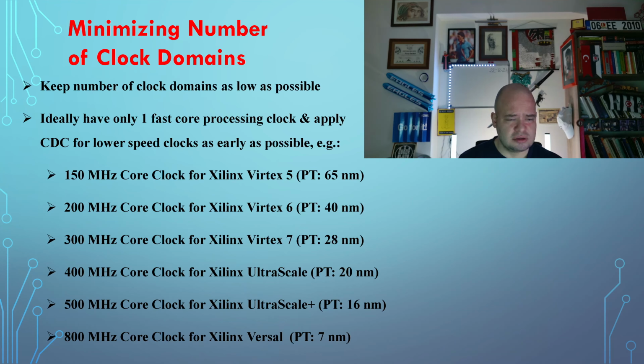So our target FPGA core clock speeds here are: for Virtex 5, 150 MHz; for Virtex 6, 200 MHz; for Virtex 7, 300 MHz; for UltraScale, 20 nanometer process technology, 400 MHz; for UltraScale Plus, 16 nanometer technology, 500 MHz; and for the newest one, the adaptive AMD Xilinx Versal SoCs, whose process technology is 7 nanometer TSMC FinFET, as far as I remember, the target core clock speed is 800 MHz.